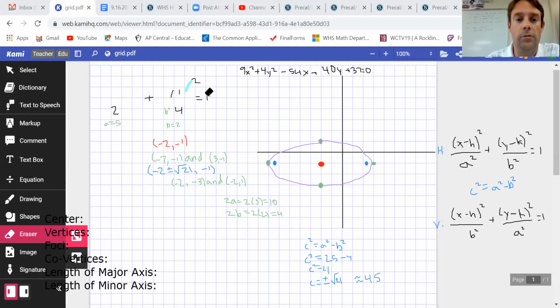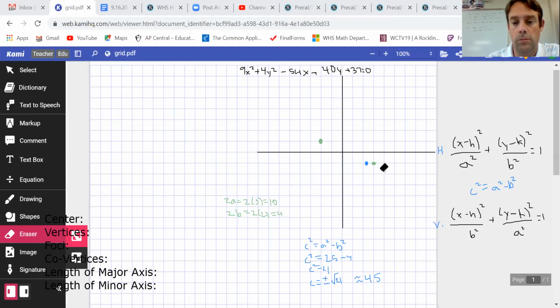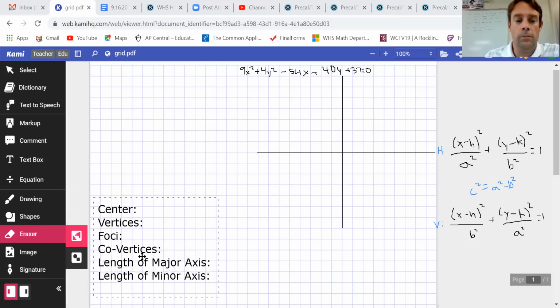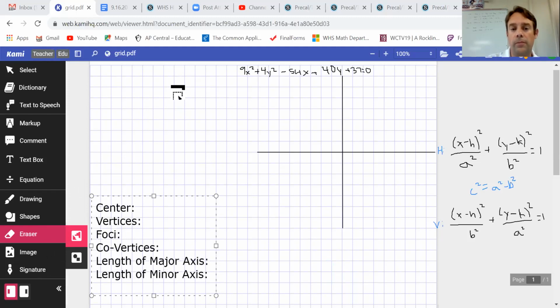All righty, friends. Before we go too far, like I said, we're going to make sure we complete the square correctly, just like we did with the circle.